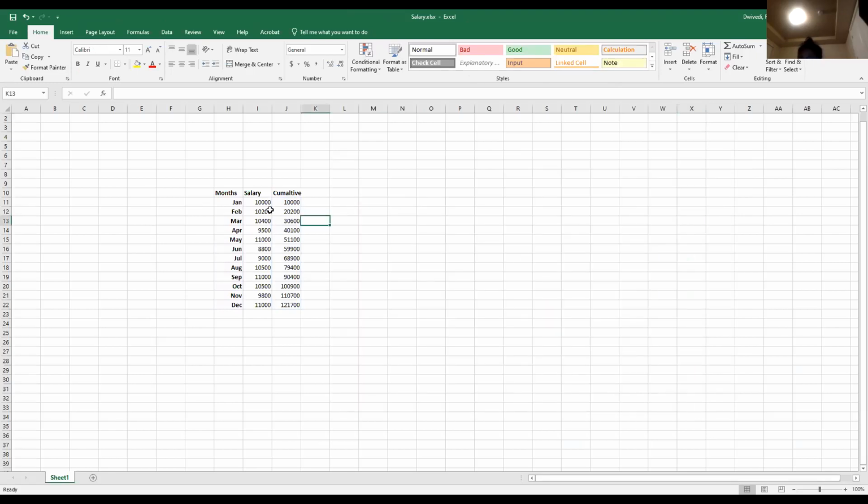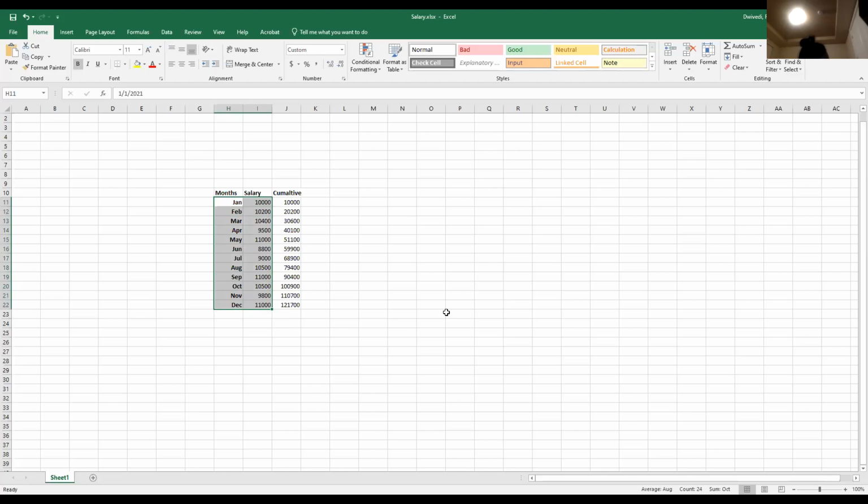So let's say this is the salary of someone. January, he received $10,000. February, he received again 10,200, and so on and so forth. All 12 months of salary is this.